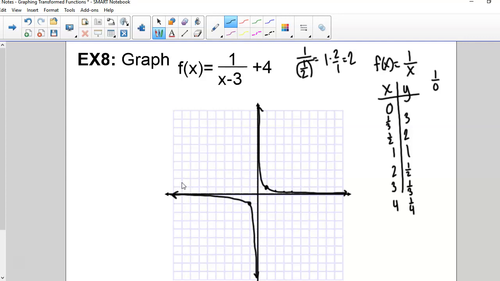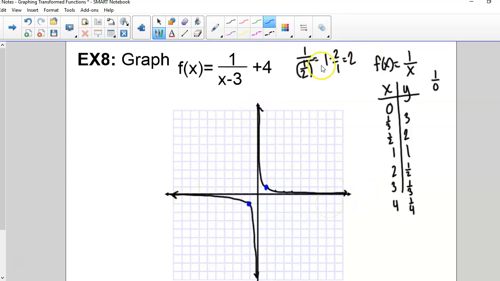Now, for most of the other problems, I would like you to have at least 5 points for your absolute values, your cubics, your quadratics, all of those. I'd like you to have at least 5 clear points that I could see if you're graphing by hand. On these, the only 2 points that I require you to have are these two right here. But you do need to have the vertical and horizontal asymptotes correct.